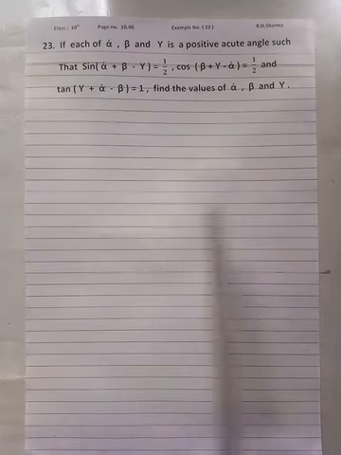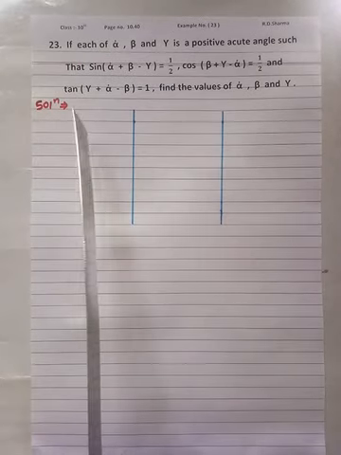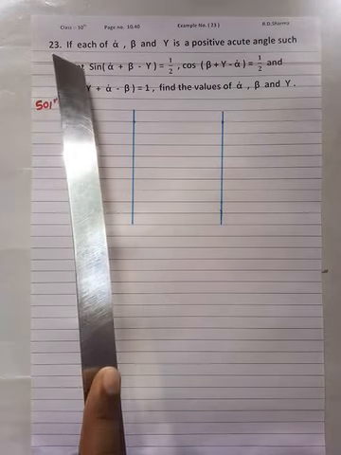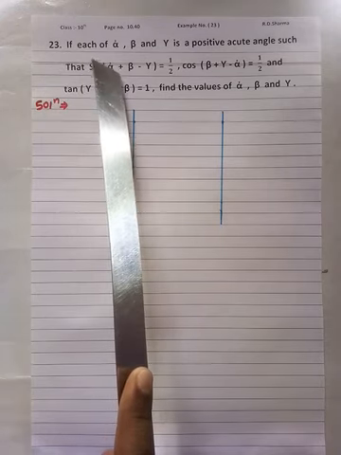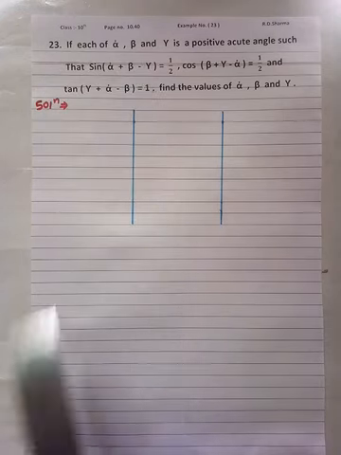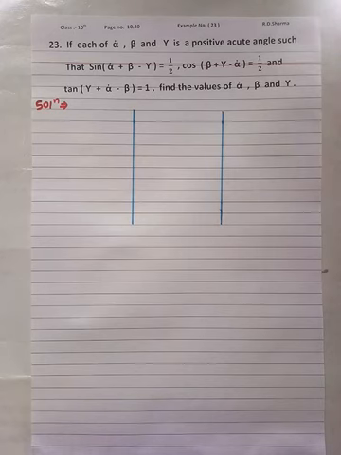Here three conditions are given: the first with a sine ratio, the second with a cos ratio, and the third with a tan ratio. For writing the answer, first divide the paper into three parts. In the first column, write the first condition, sin(alpha plus beta minus gamma) is equal to 1 by 2.